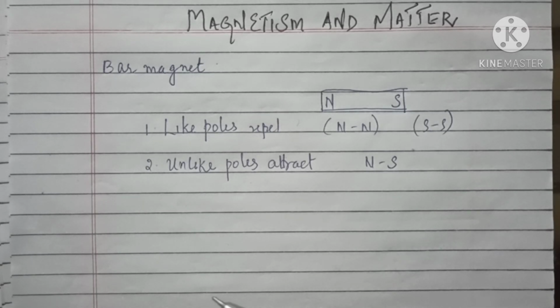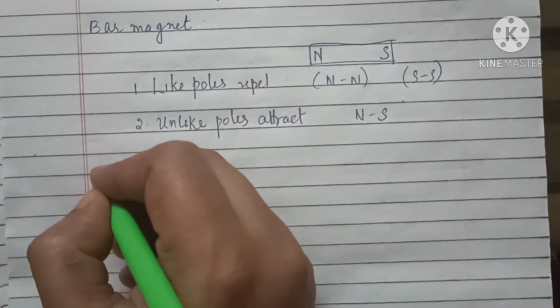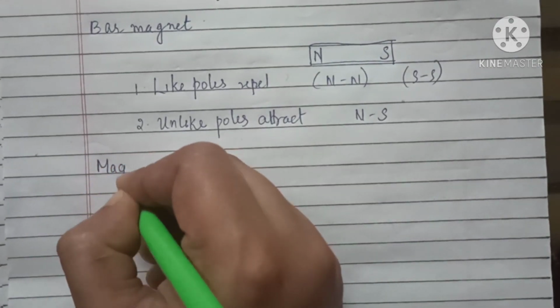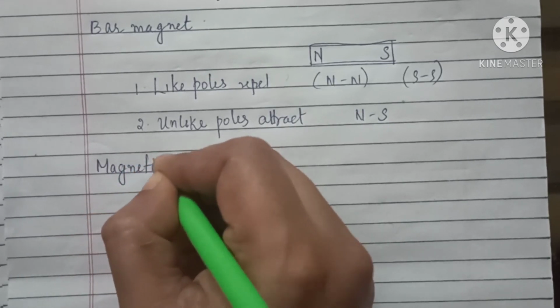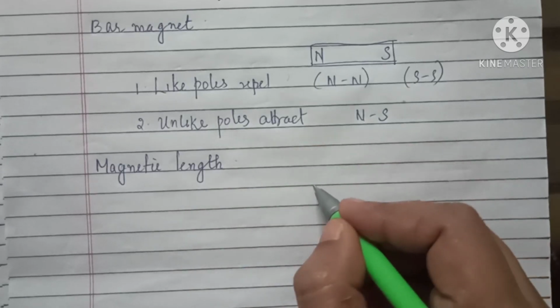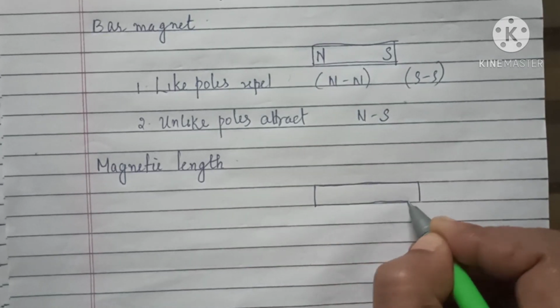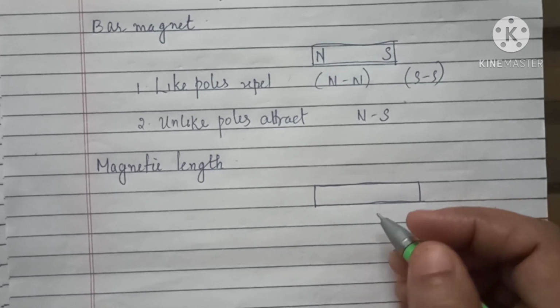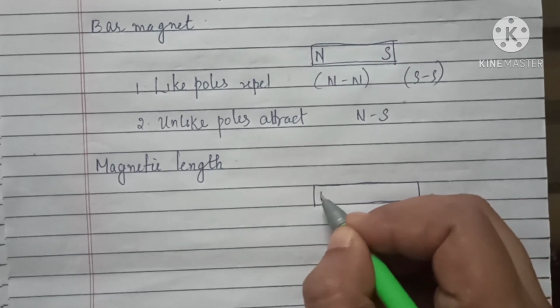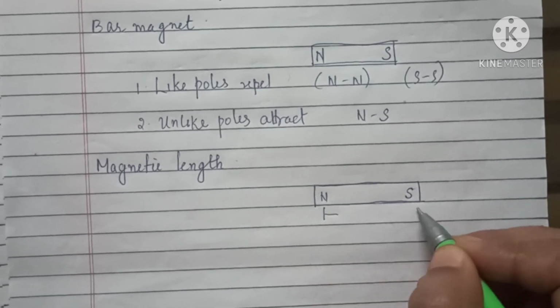Here we have to understand a few more terms. The first one is magnetic length. Magnetic length means the distance between two poles of a bar magnet. So from here to here.